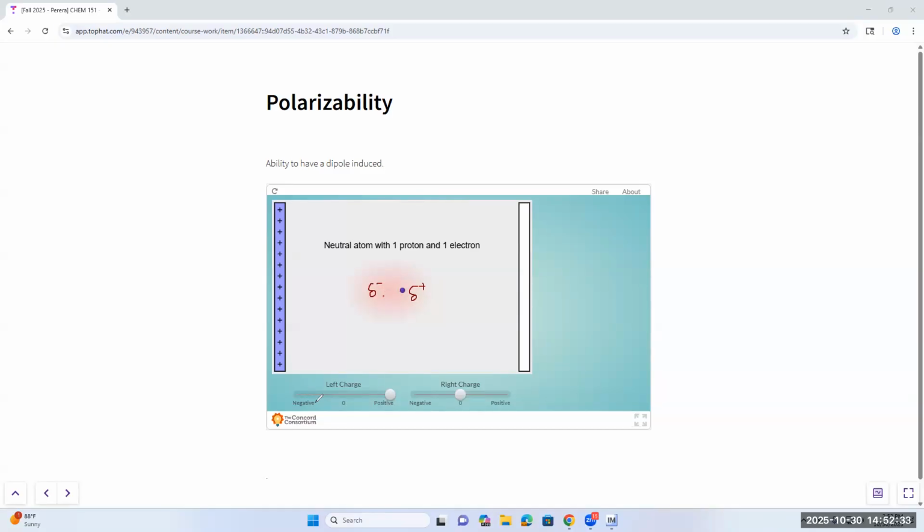Now, here's the thing. It's not just external positive charges or negative charges that can induce partial charges on other molecules. If you have a molecule or a particle, just by bringing another particle nearby, you can induce partial charges on it. Why?